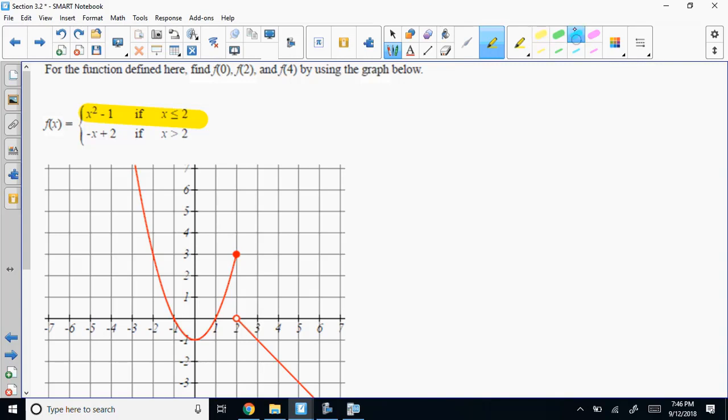And then negative x plus 2, which is a linear equation, is only valid from 2, not including 2, and up, right? So you'd have a solid dot on this yellow equation with an open dot on the linear one, right? Y'all agree? All right, let's see if we can't do this.